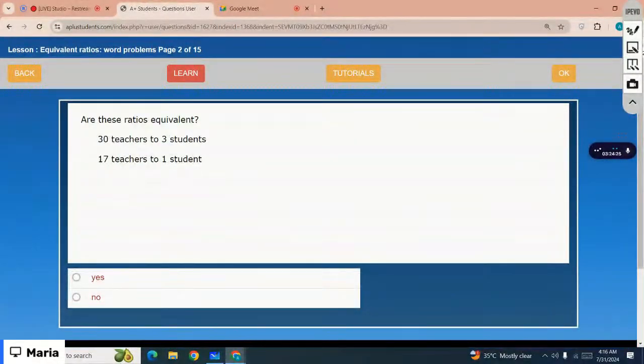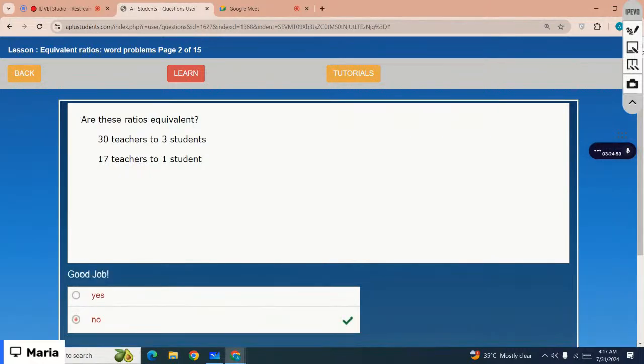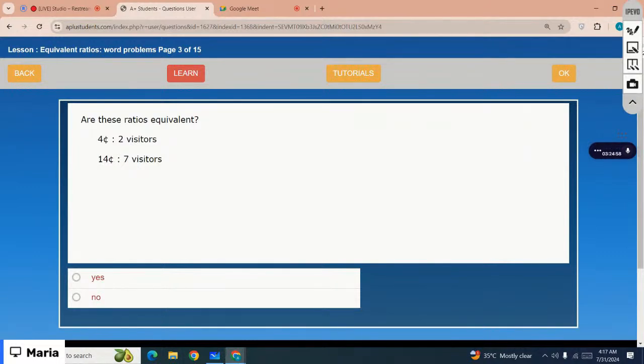Okay, are these ratios equivalent? Which is the correct option? Yes or no? The correct option is no, they are not equivalent. Okay, are these ratios equivalent, 4 to 2 and 14 to 7?